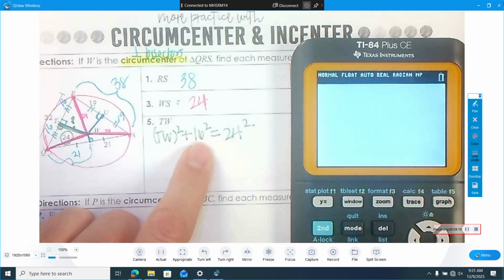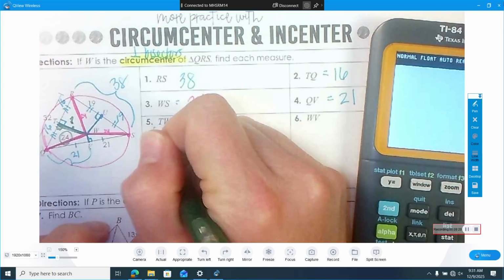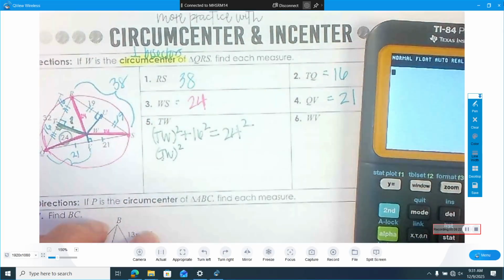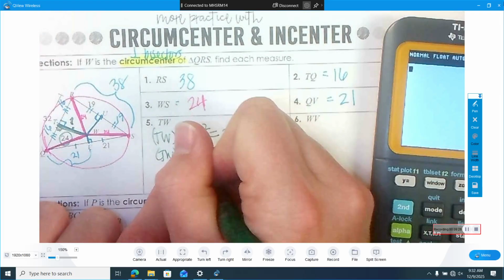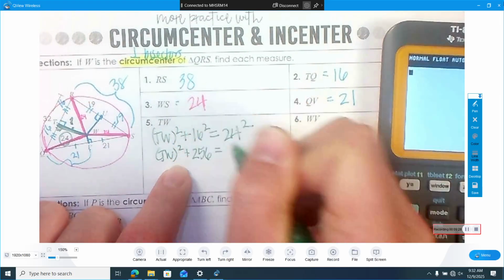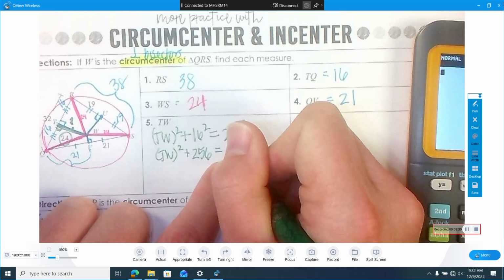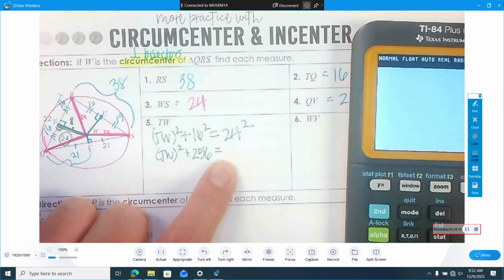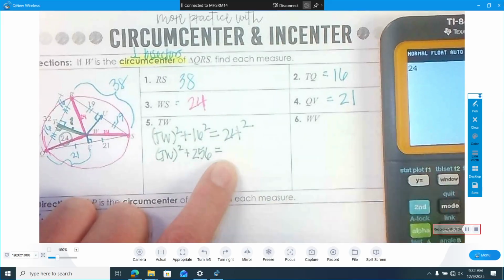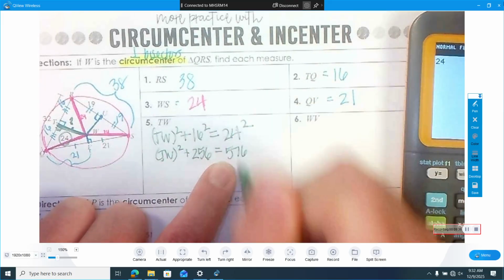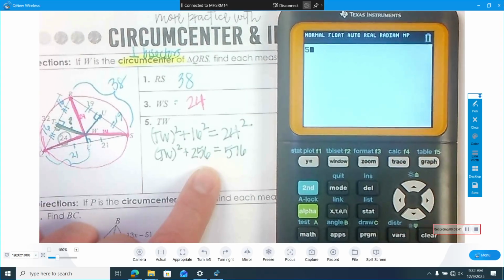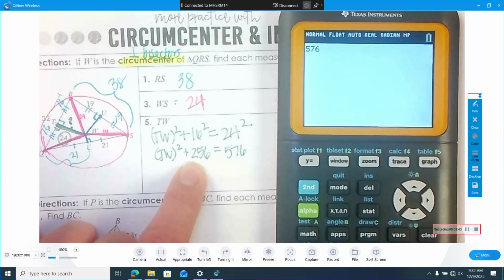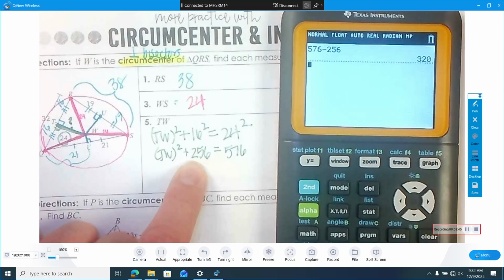So let's see. TW squared. What is 16 squared? 256. Yeah, 256. And 24 squared is 476? I was so close. 576. All right. And so then what do we need to do? Minus the 256. All right.